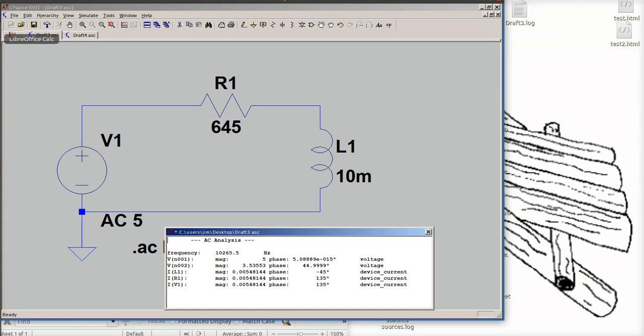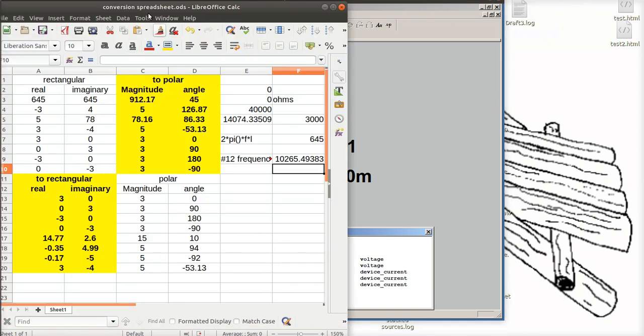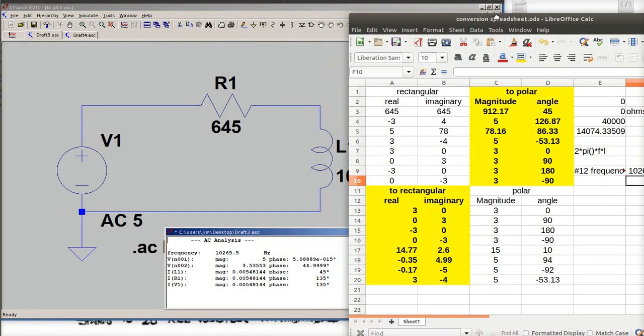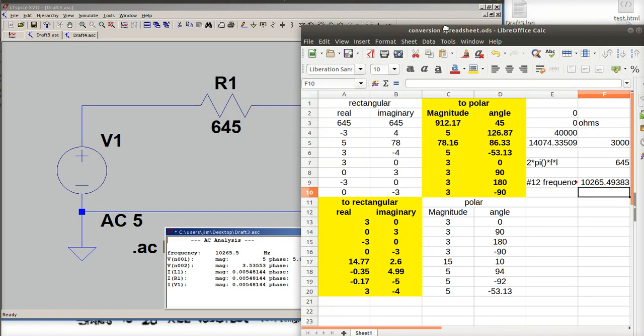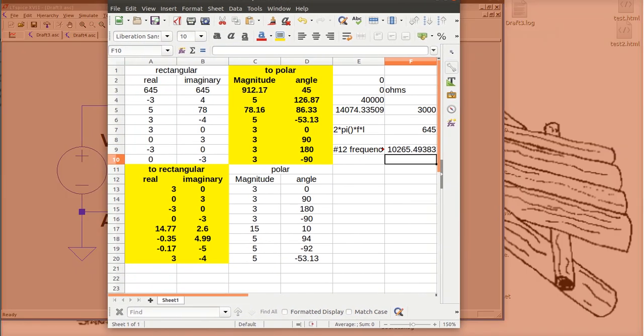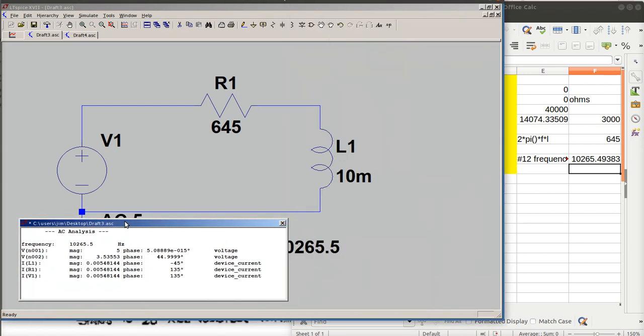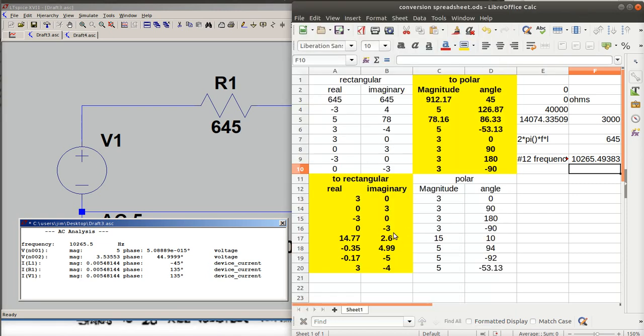So if I go back to my Excel spreadsheet and get it here where I can see it, use it, convert it. I think I can slide it there. Let's see, okay, I've got the whole thing done. Slide that way. There we go. So these are polar to rectangular.